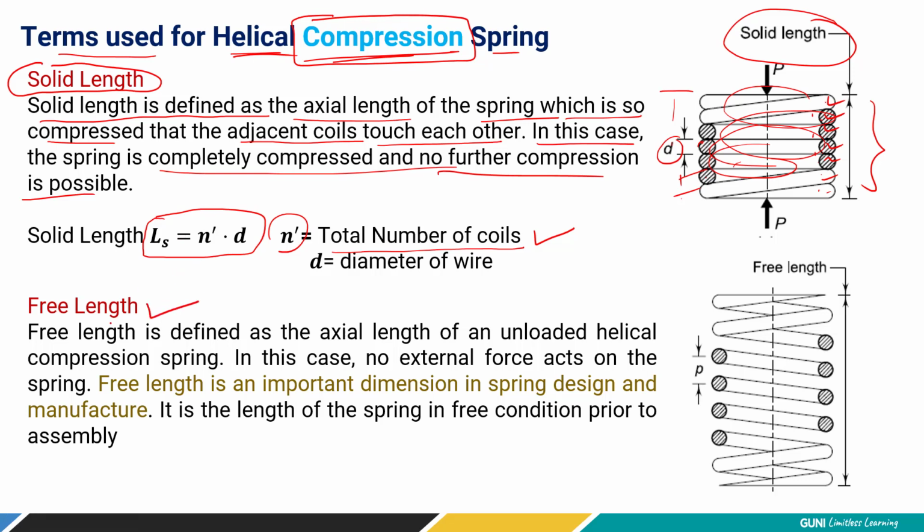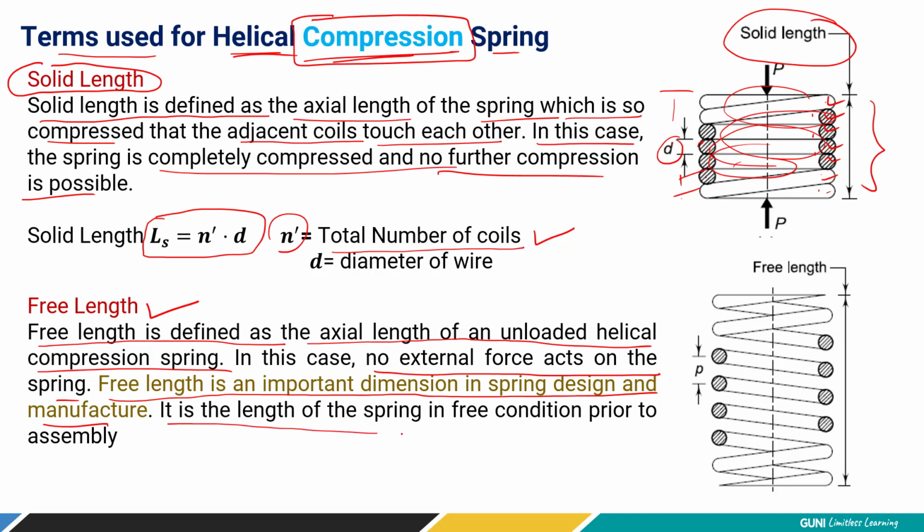What is that free length? Free length is defined as the axial length of an unloaded helical compression spring. It means when the spring is not subjected to any kind of force, it is free. In that case, no external force acts on the spring. So free length is an important dimension in spring design and manufacturing.